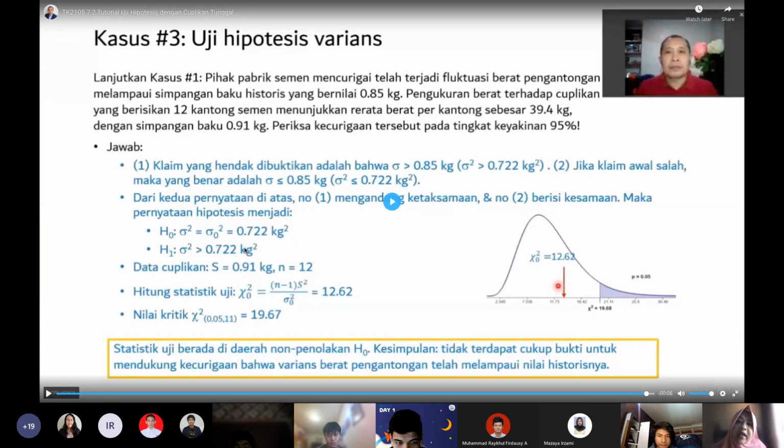So please do your self study. Have a look at these examples and also try to do it by yourself. Try to do it by your hand. So hopefully you understand about the hypothesis for 1 sample. And next week we're gonna continue with 2 variants and 2 samples.